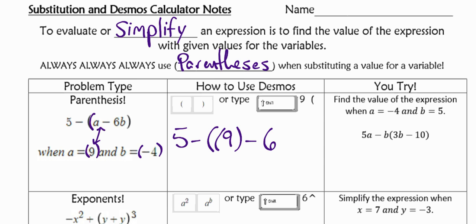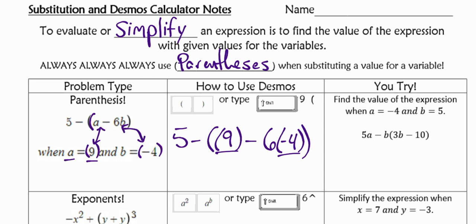Minus 6 times B, and instead of that B, I'm going to put negative 4 in there in parentheses. Everything else is identical. I wrote all other numbers and symbols outside of those parentheses. Instead of A, I just replaced it with 9, and instead of B, I replaced that with negative 4. Each of those numbers got their own set of parentheses.